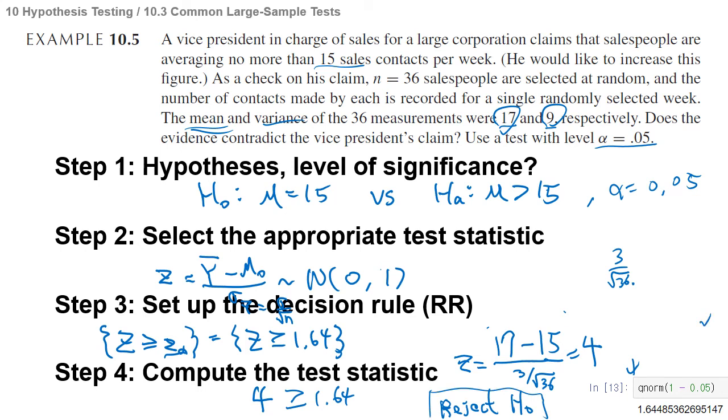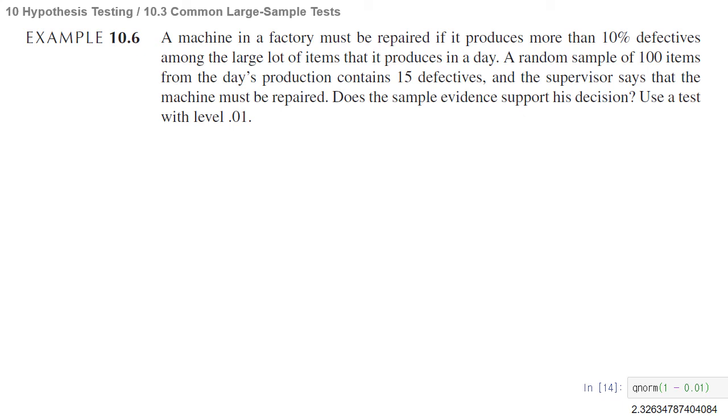Okay, let's move on to example 10.6. A machine in a factory must be repaired if it produces more than 10% defectives among the large lot of items that it produces in a day.